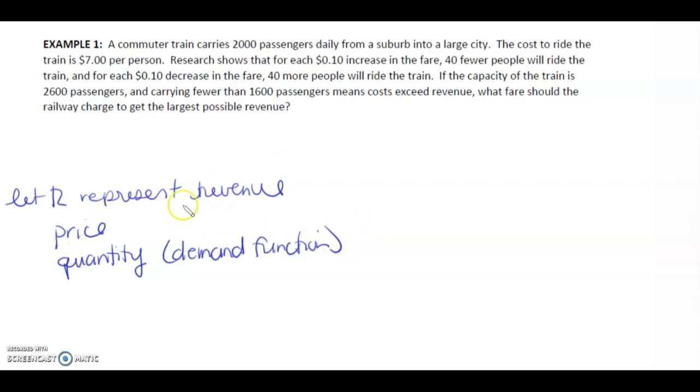When we're thinking about revenue, revenue equals price times quantity. In regards to quantity, originally we'll have 2,000 passengers.